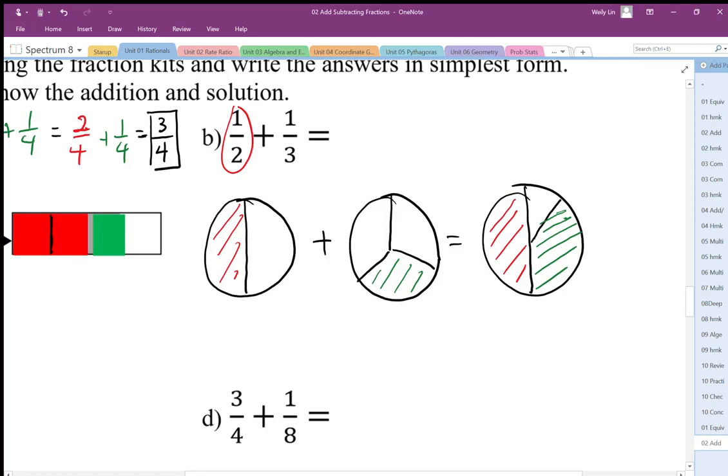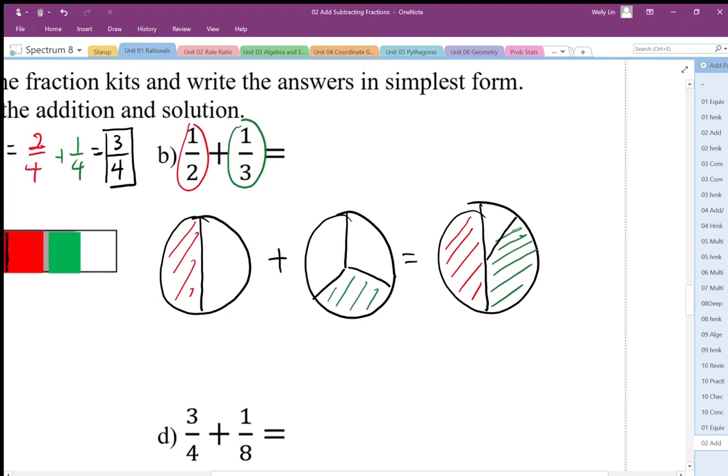It's hard to tell, but it looks like I have about 5/6. How can I show the answer of 5/6? Well, I can split up this fraction into 1/6 pieces because of the common multiple. That's one way we do it, because we're going to do groupings. Groupings are times, and times are multiples.